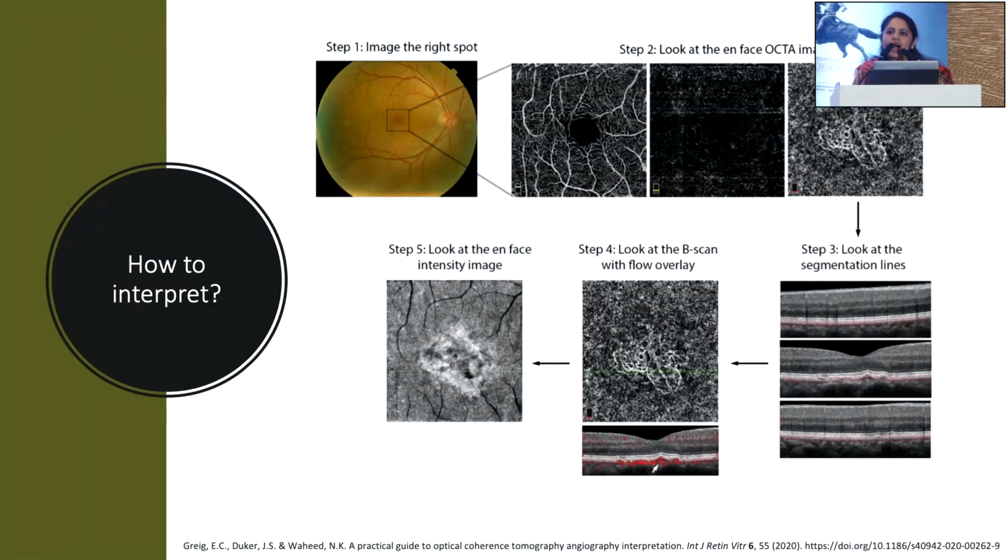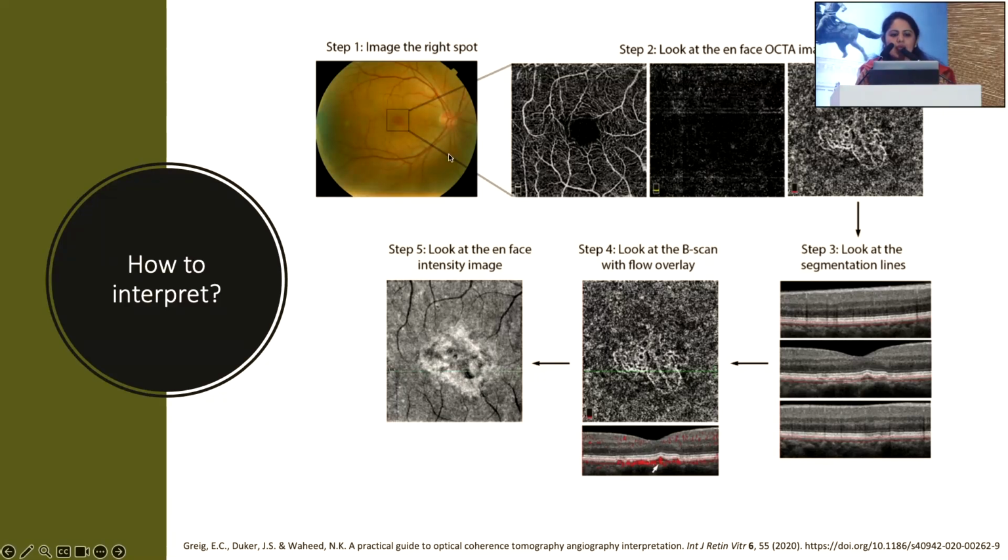So moving on, how to interpret an OCTA scan. As a general rule, we have to keep in mind that we have to look at these few things together. First is the en face image. Then we have to correlate it with the B scan with the flow overlay and also the structural intensity image.